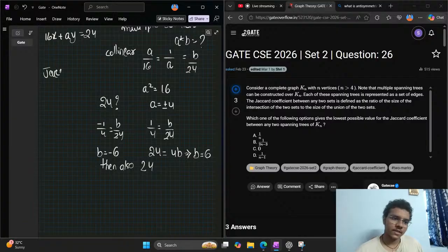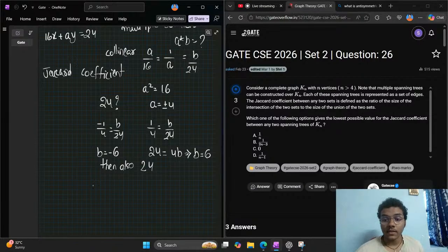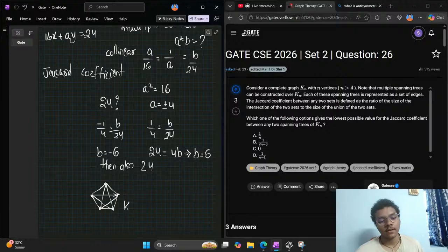Jaccard coefficient, it is what we are dealing with now. Consider a complete graph. A complete graph is a graph in which every vertex is connected with every other vertex, something like this. Yeah, it is a complete graph. It is K5, I think.